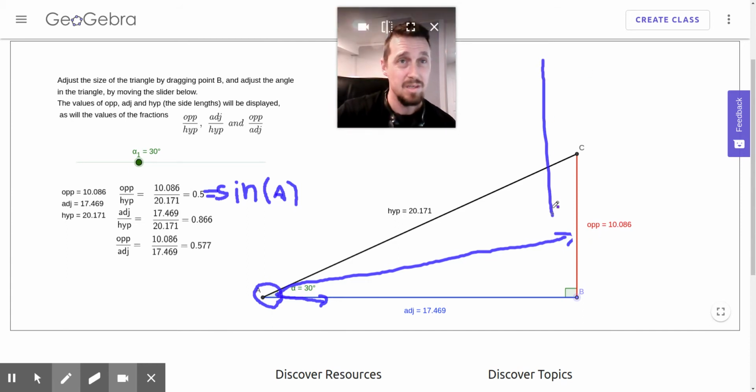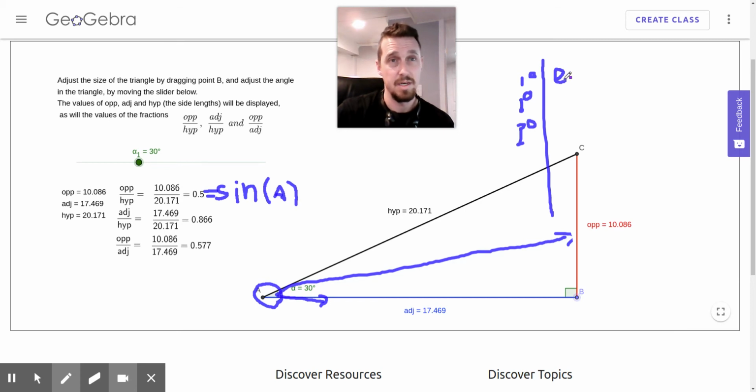It said 1 degree, 2 degrees, 3 degrees, right? And it said, hey, if you have sine of 1 degree, your ratio is, what would it be? It'd be close to 0. Okay, because if you had 1 degree here, think about that.